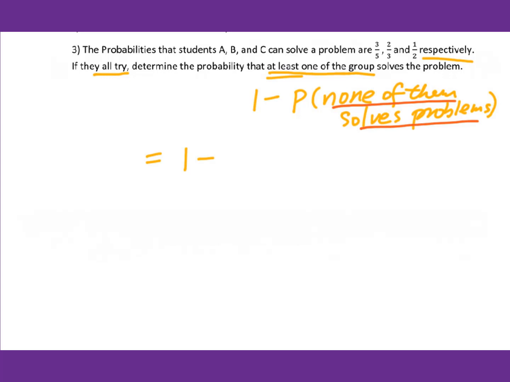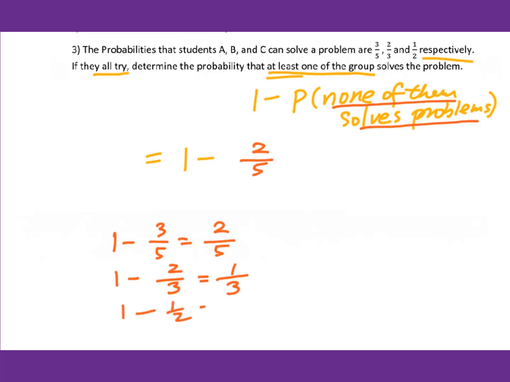For 3 over 5, the complementary will be 2 over 5. We use 1 minus 3 over 5, that is 2 over 5. 1 minus 2 over 3, that will be 1 over 3. 1 minus 1 over 2, you get 1 over 2.